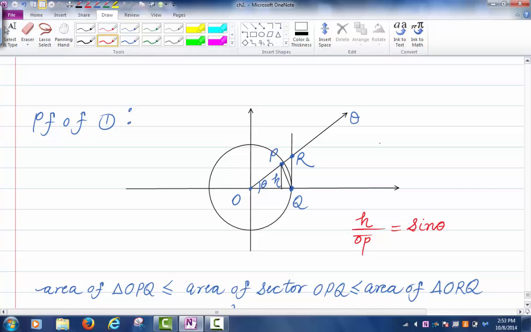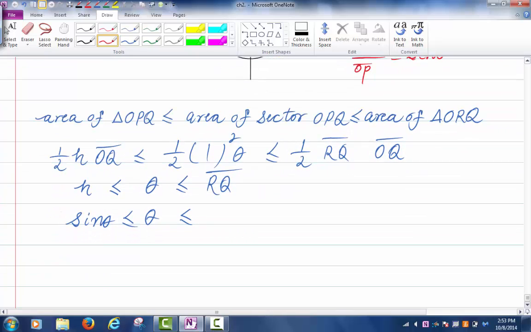Instead, notice that if I look at RQ divided by OQ, that's the opposite over adjacent, and I should be getting tangent of theta. But again, OQ is 1. So I know that RQ is exactly tangent of theta.